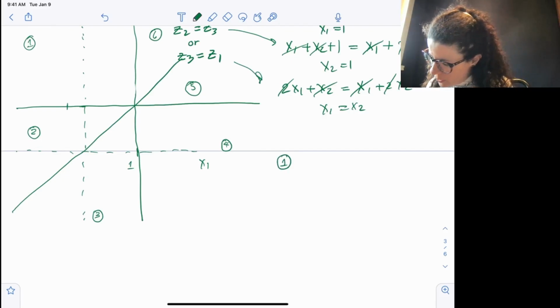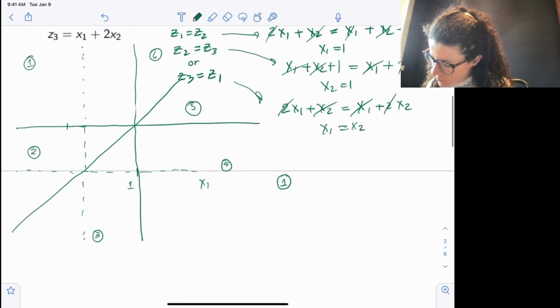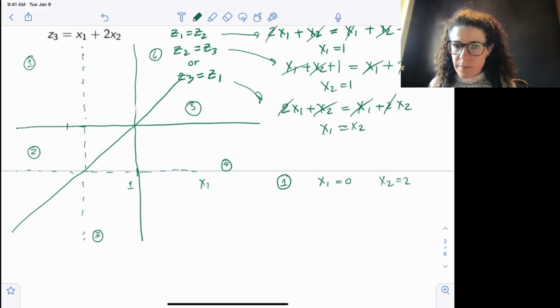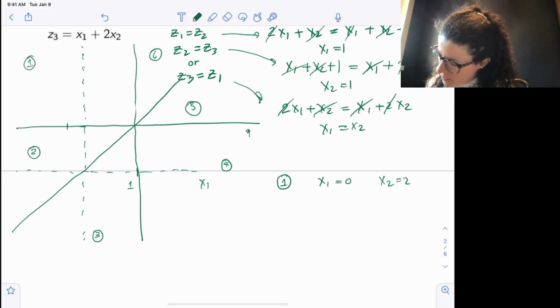A point on that region could be, for example, x1 equals 0, which is this line here, and x2 equals 2, because this is the line x2 equals 1.